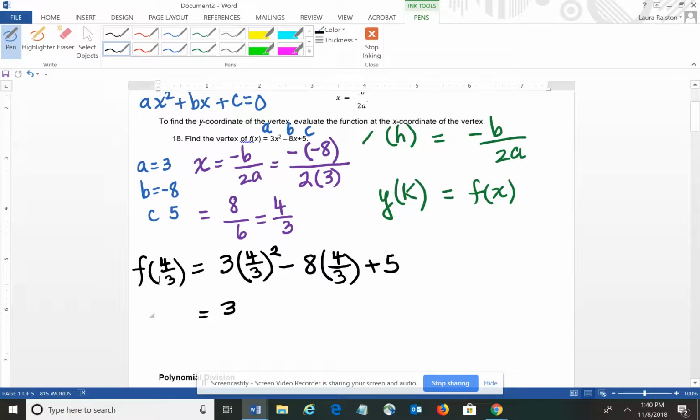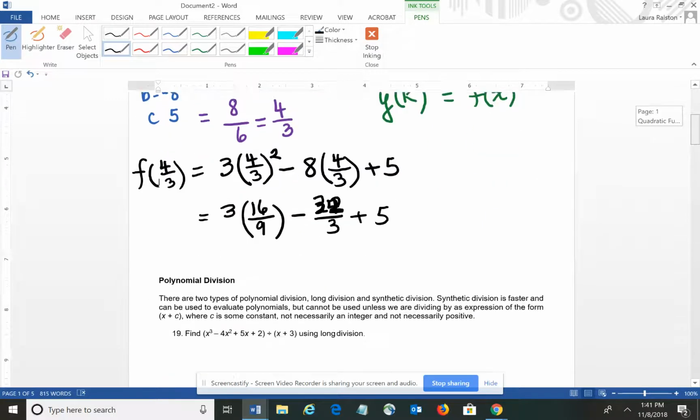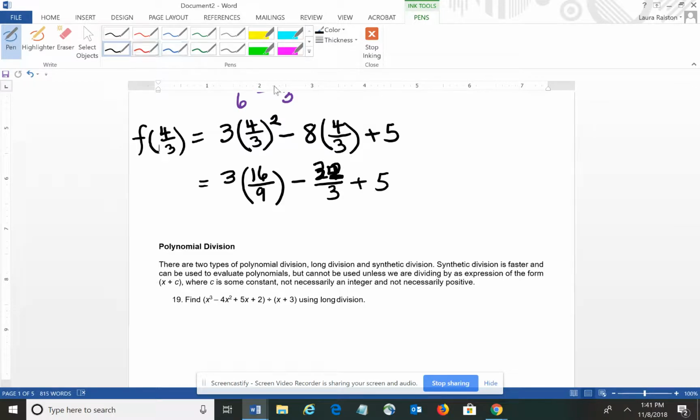So I have 3 times 16 over 9 minus, excuse me, not 24, 32, so 32 over 3 plus 5. 3 times 16 ninths, 3 goes into 9 3 times.